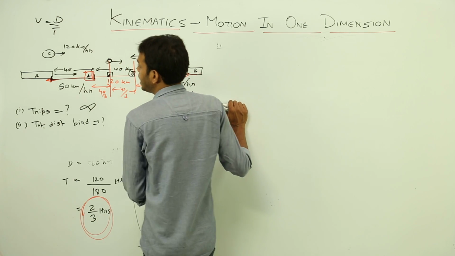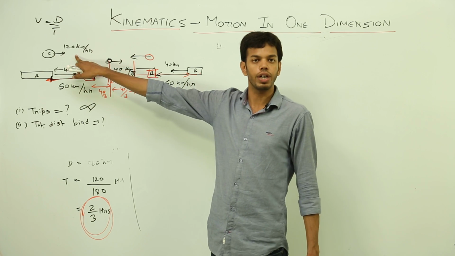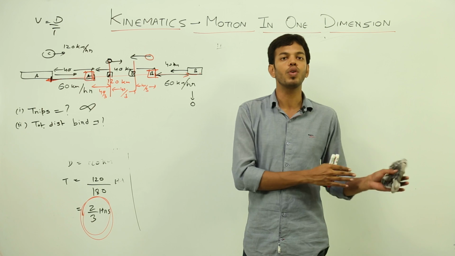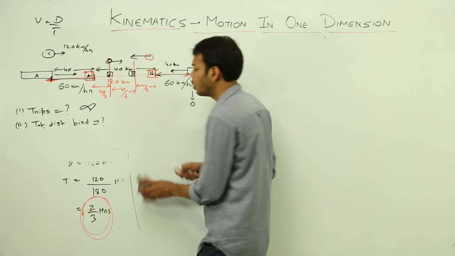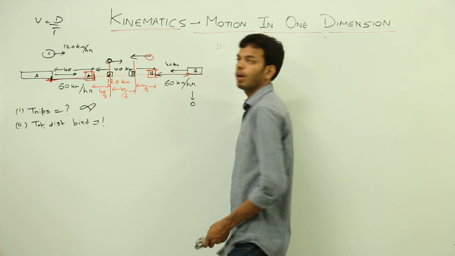So ultimately the bird has to fly for 1 hour, and the speed of bird is 120. So you can simply multiply 120 into 1 hour, the velocity into time, and you will get the distance. That is, the total distance which the bird will cover would be 120 kilometer.